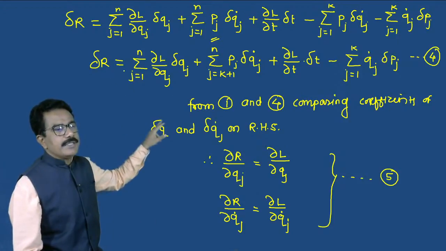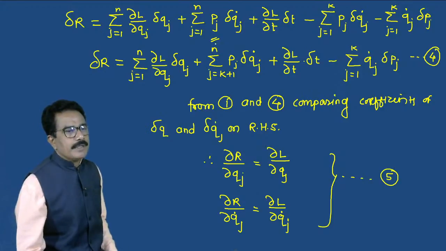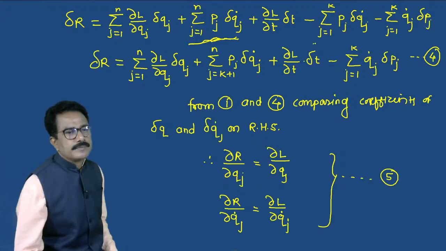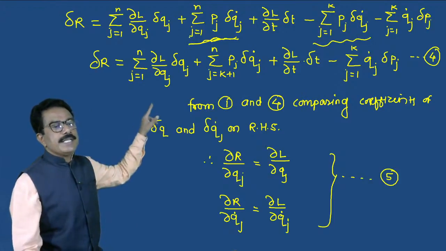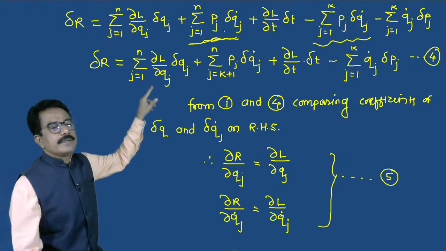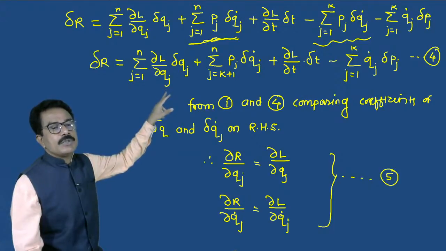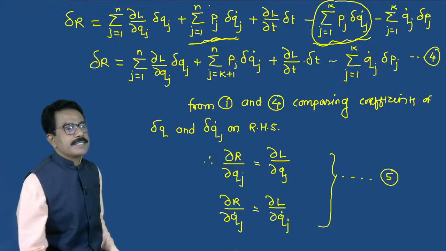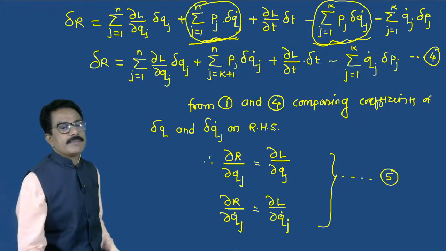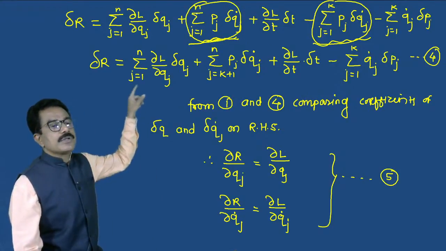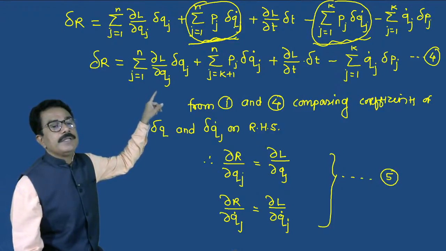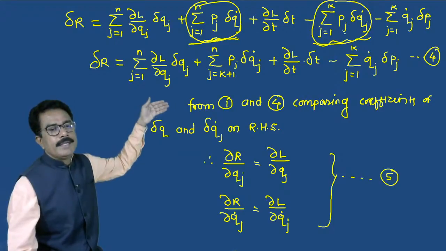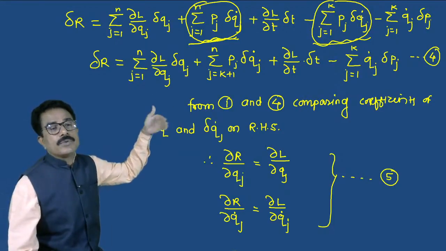So delta R equals, now see here, the subtraction of these two terms. Summation j equals 1 to n pj into delta qj dot, minus summation j equals 1 to k pj into delta qj dot.